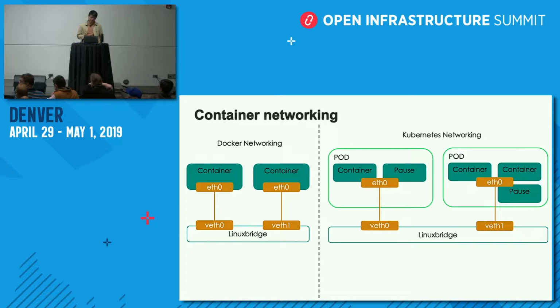And by default, Kubernetes also uses veth devices and Linux bridge to construct its network. So as the picture shows, Docker networking and Kubernetes networking have some similarities. However, they use different networking plugins behind the scenes. Kubernetes is using what is called Container Network Interface.